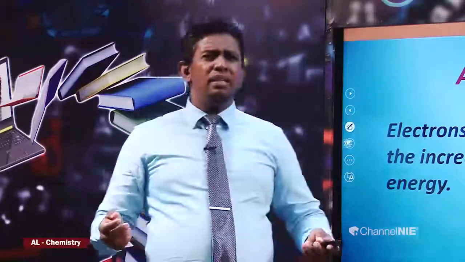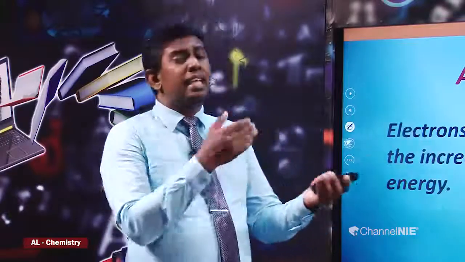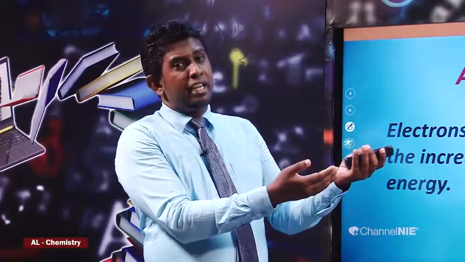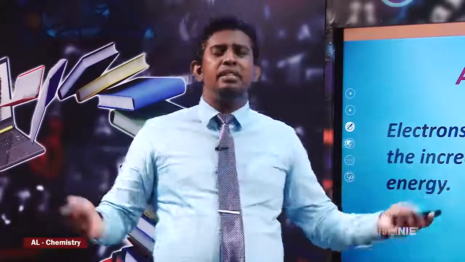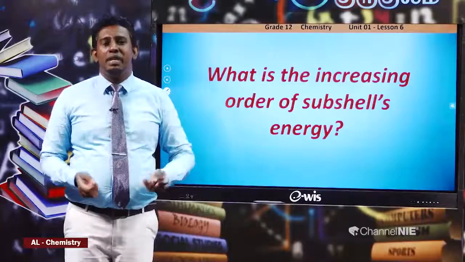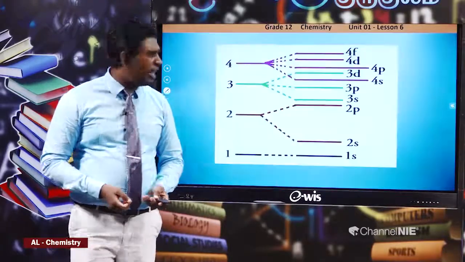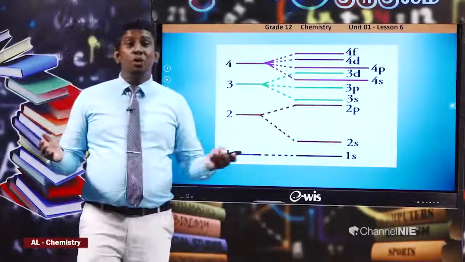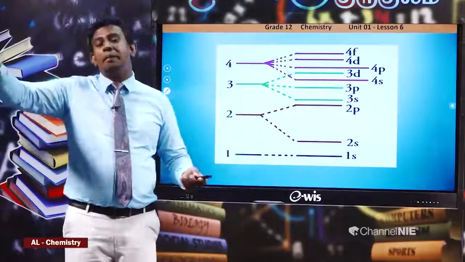Now it's a matter of whether these subshell energies are different from the shell's energy. Let me explain that as well. Students, when you talk about subshells, those shells get split into subshells.